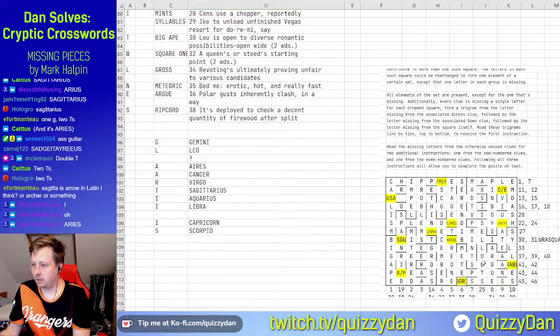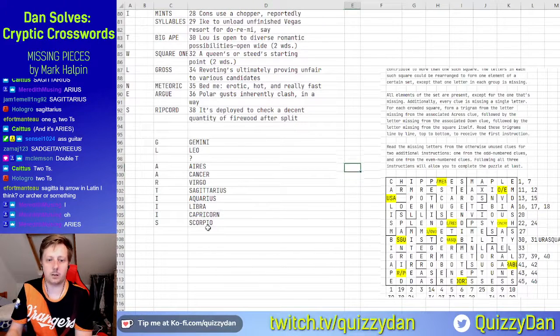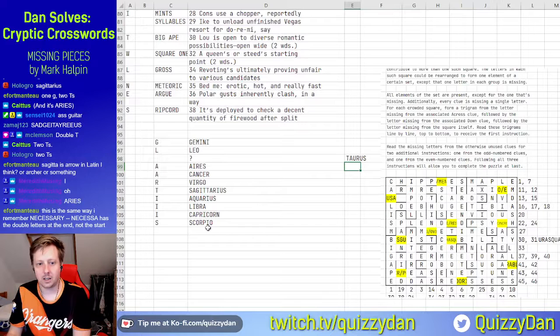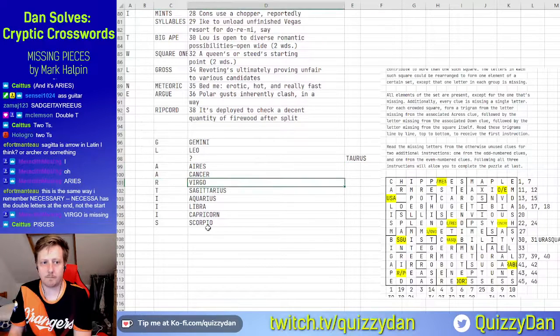Why did I do that? Why did I leave a gap between Libra and Capricorn? No good reason. Fine. So the other two could be, what are they? Could be Taurus, or what? Something else. Virgo's there.